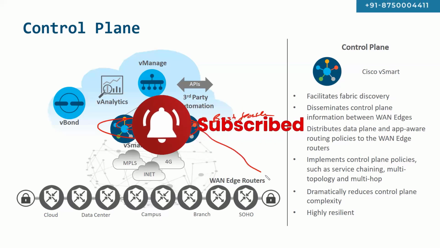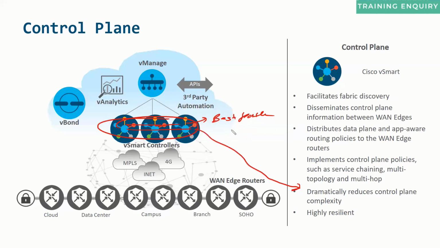And it has dramatically reduced the complexity of the control plane. Why? I don't know if you remember, yesterday I brought up this topic. In a traditional network, all these managed routers at remote sites will in most cases be running MPLS and BGP, Border Gateway Protocol.